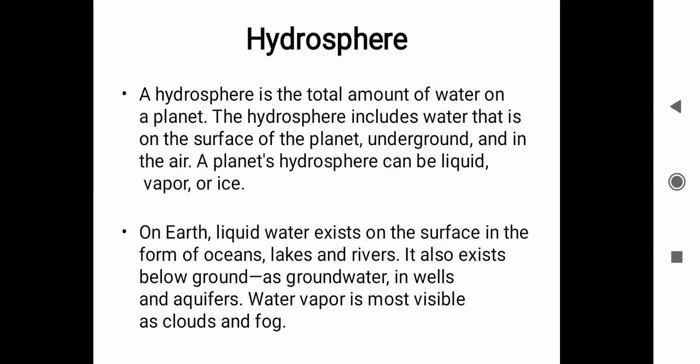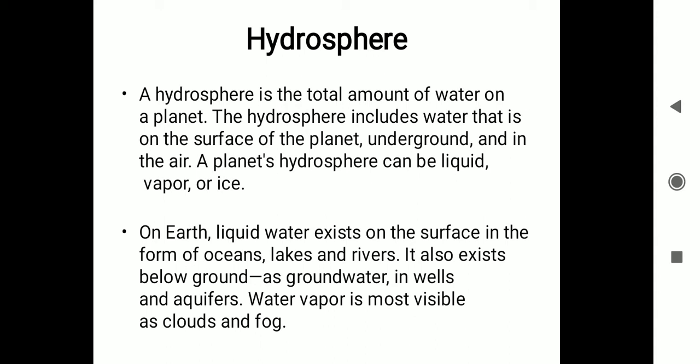Today we discuss hydrosphere because water pollution analysis is mainly connected with hydrosphere. So first of all we will see what is inside the hydrosphere, how it is made up, and we'll discuss it in detail. Our point is hydrosphere.